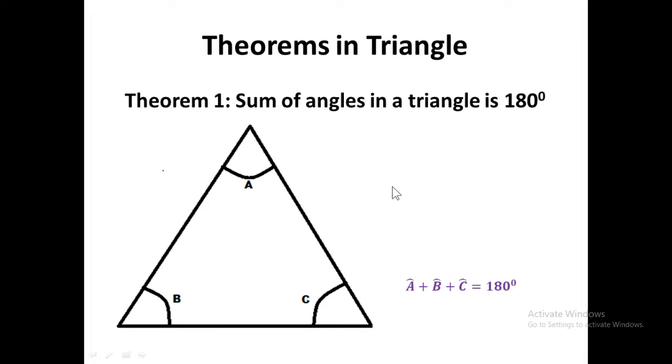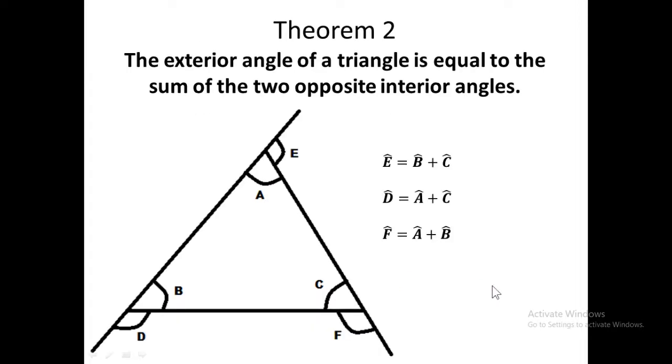Then you can find this angle by adding the two we are given together and removing it from 180 degrees to give us angle B. So the first theorem we learn in triangles is that the sum of angles in a triangle is equal to 180 degrees. That is, angle A plus angle B plus angle C gives us 180 degrees.